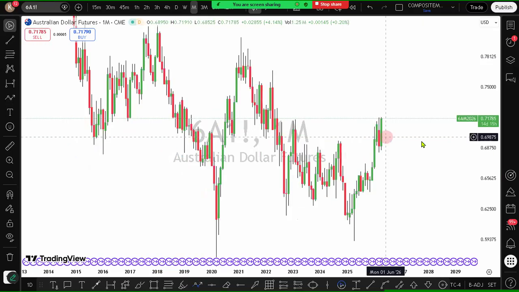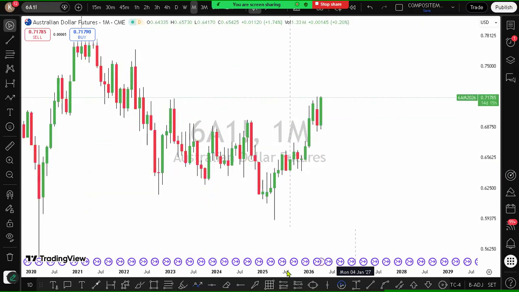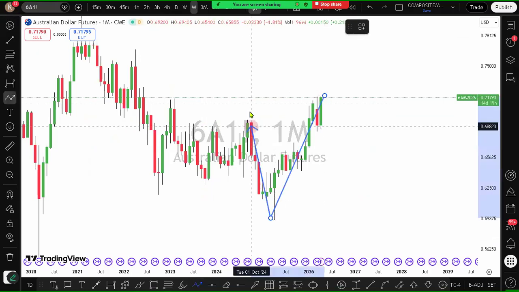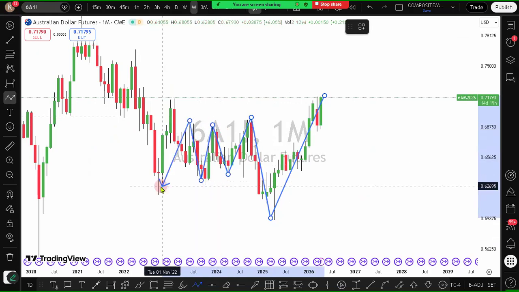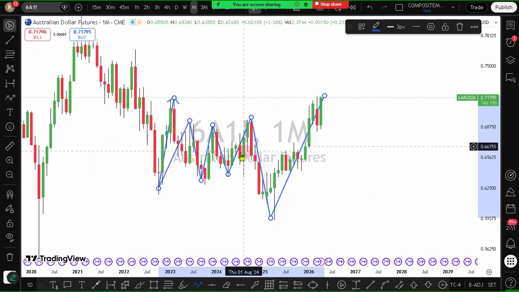But if you look at what we call the pivots, the quick pivots, here we have this, this, this, this. So now look at this in terms of market structure, pivots.